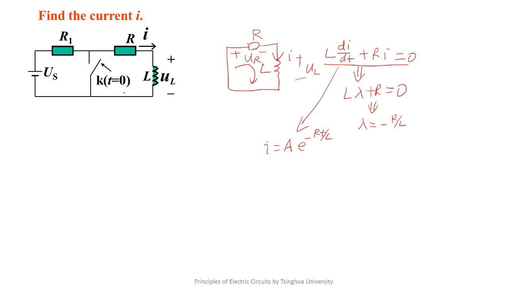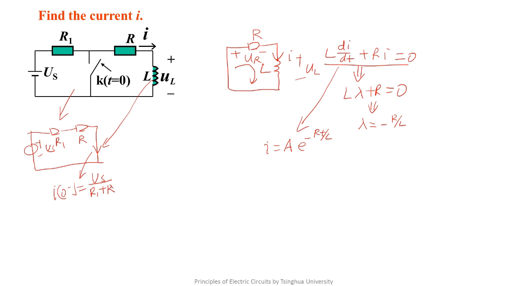We draw the equivalent circuit before switching. To analyze the circuit before switching, pay attention that the inductor is short in a steady state before switching. I0 negative equals US over R1 plus R, which equals I0 positive according to the switching law.